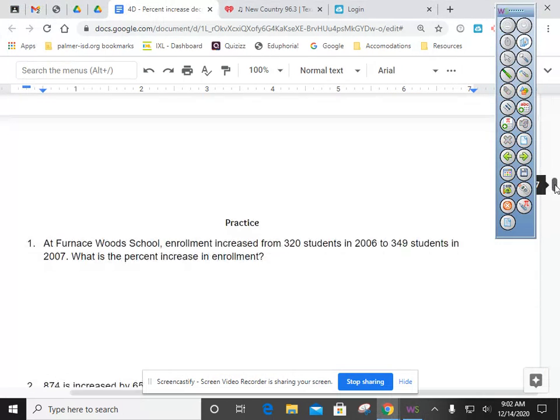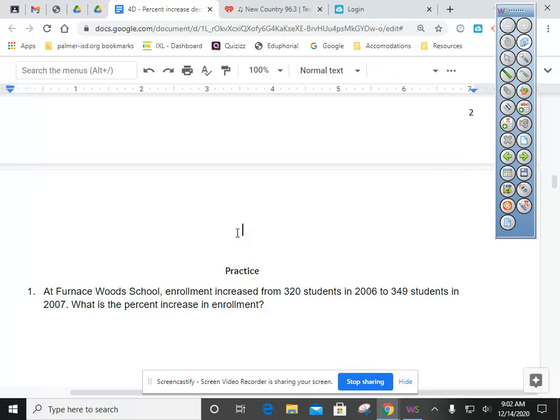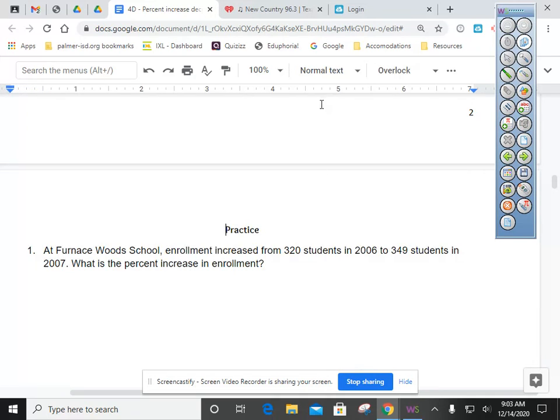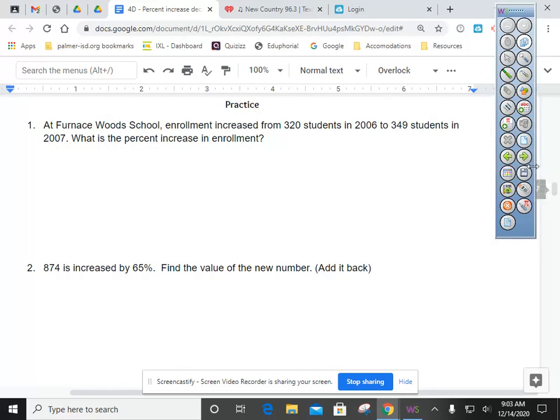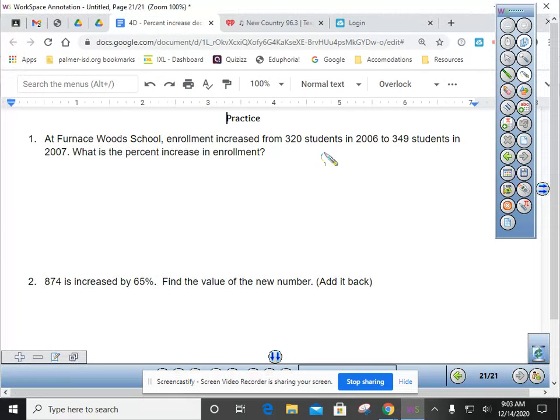All right. Let's move on to the practice. Number 1, at Furnace Woods School, enrollment increased from 320 students in 2006 to 349 students in 2007. What is the percent increase in enrollment? What am I going to write first? A proportion, with 100.